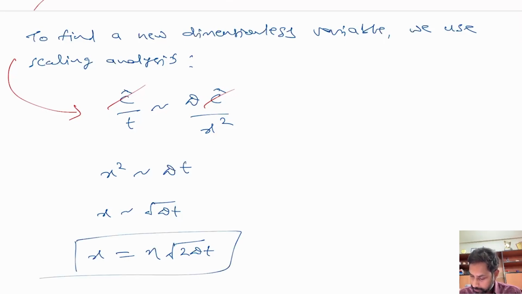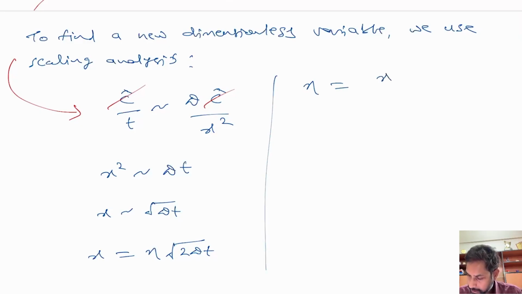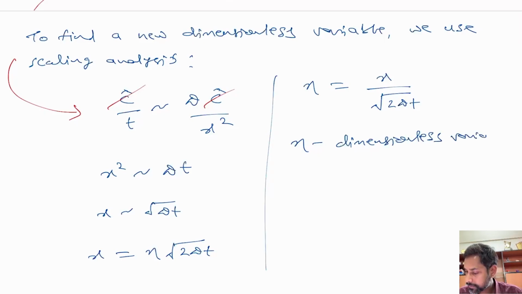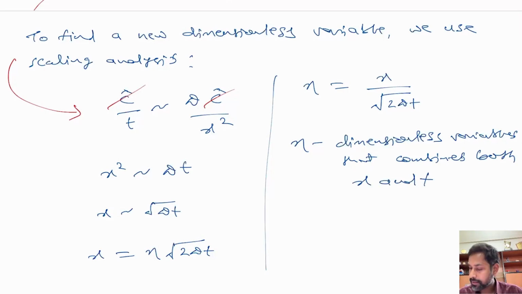So this gives us a parameter called eta that is defined as x over square root of 2 dt, where eta here is a dimensionless variable that combines both x and t, right?